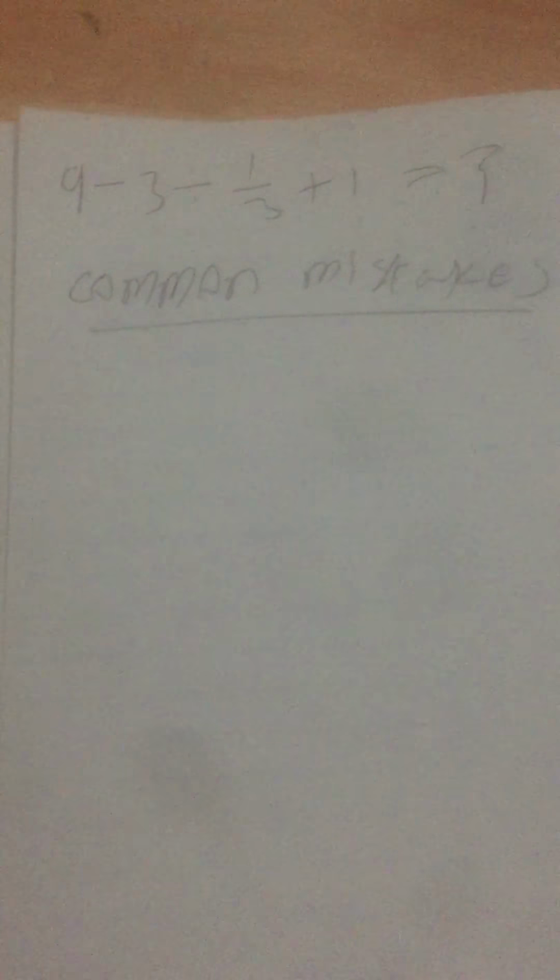Google, which is like the Google calculator, will see this equation as 9 minus, because this is how you're going to write it, 9 minus 3 slash 1 slash 3 plus 1.